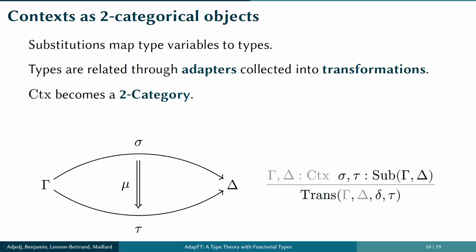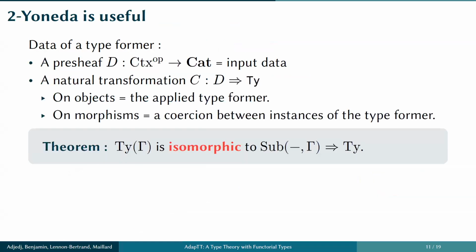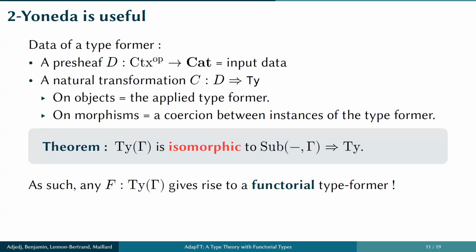What this means is that our contexts now form a two-category instead of a simple category. Now, if we look back at Yoneda, we can instead have an instance of 2-Yoneda, which gives us instead that Type Gamma is isomorphic to these natural transformations, which again means that any F in Type Gamma gives rise to a typeformer, but this typeformer will behave correctly with regards to our adapters. And also with our type variables, we may be able to express more complex and useful typeformers from this theorem.